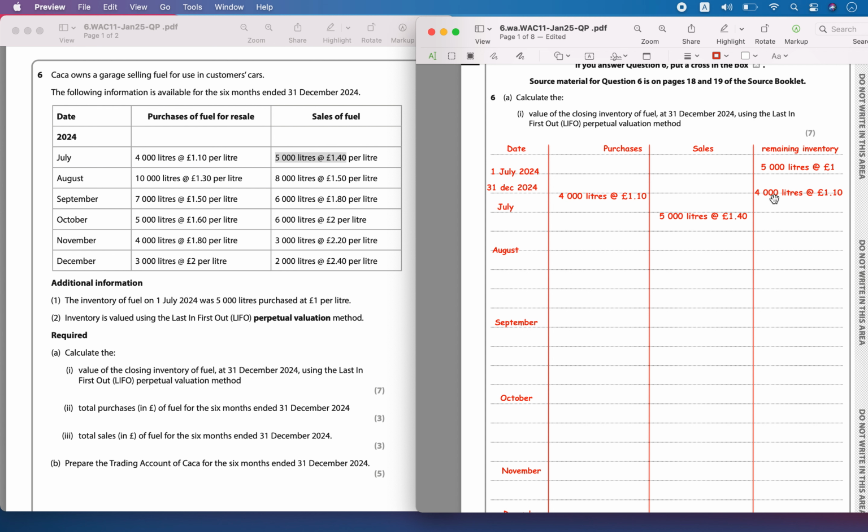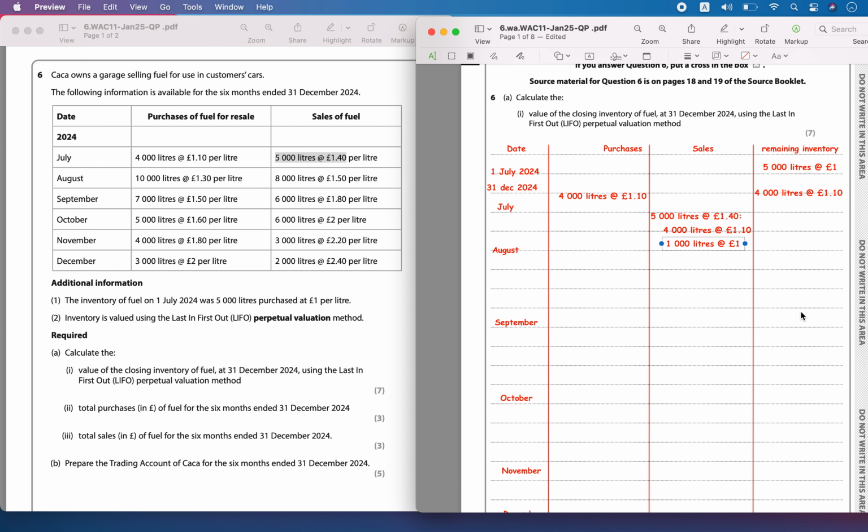So here you have to use LIFO. The last in was 4,000 at 1.10, so I am going to sell that 4,000 at 1.10, and the remaining 1,000 at 1, because I need to sell a total of 5,000.